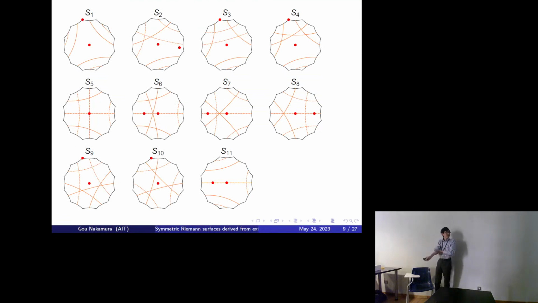So this figure shows the side patterns and the centers of extremal disks. It is difficult to see, but there are dotted orange curves. So two sides connected by dotted orange curves are paired by orientation reversing transformations. So the dotted curves characterize the non-orientability of the surface.